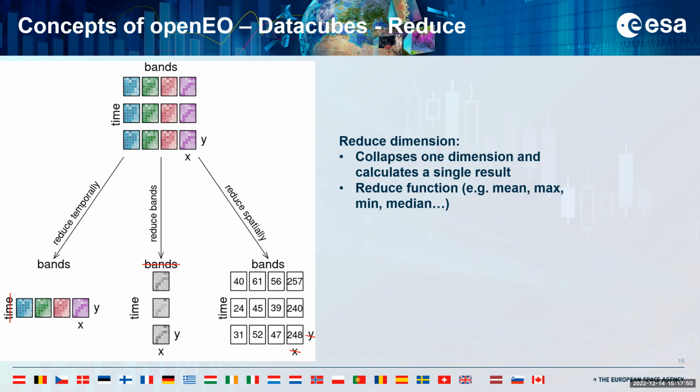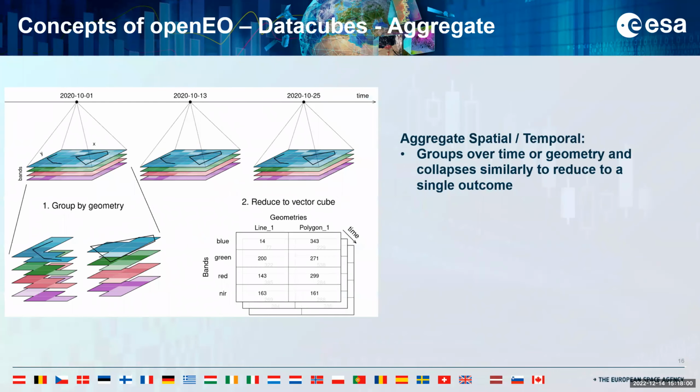And then you collapse basically this dimension alongside this function. Exactly, the aggregate spatial and temporal is also very known in the GIS world. I don't need to dive deeper into that.